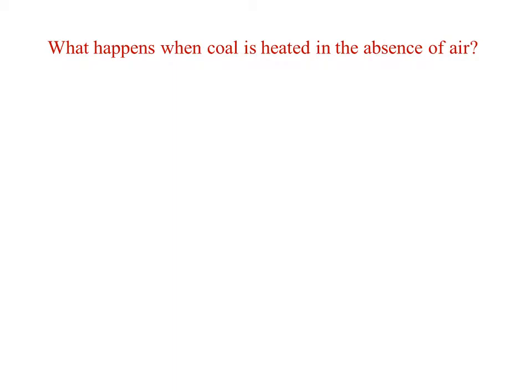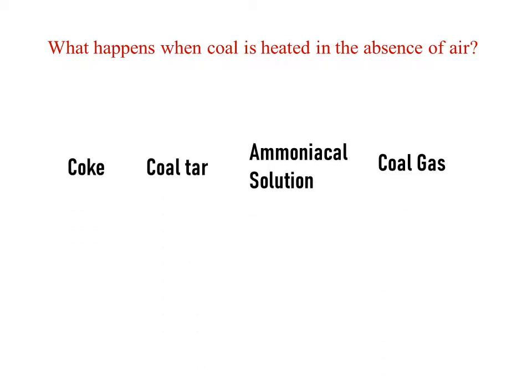These are very polluting gases. But what if coal is burned in the absence of air? What will happen? It will form coke, coal tar, ammoniacal solution, and coal gas.